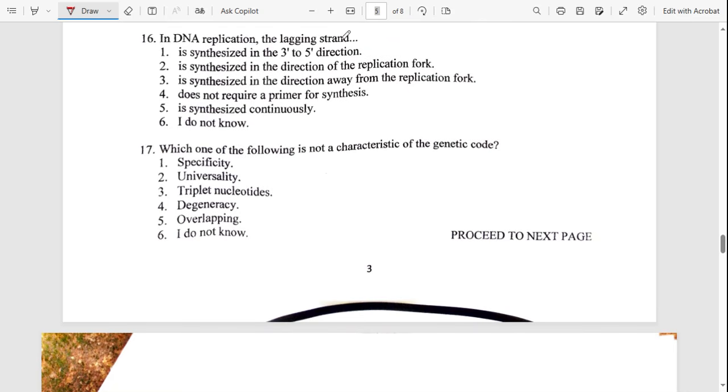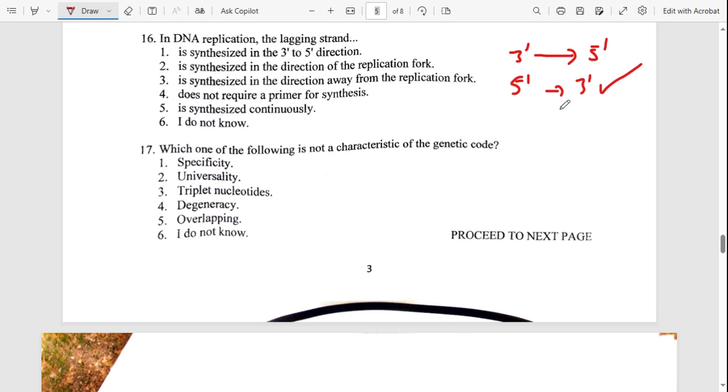In DNA replication, the lagging strand is synthesized in the 3' to 5'. This is true, isn't it? Remember, as I said, the leading strand is read from 3' to 5'. Therefore, the strand that is made from the leading strand is going to be 5' to 3'. At the same time, the lagging strand is read from 5' to 3'.